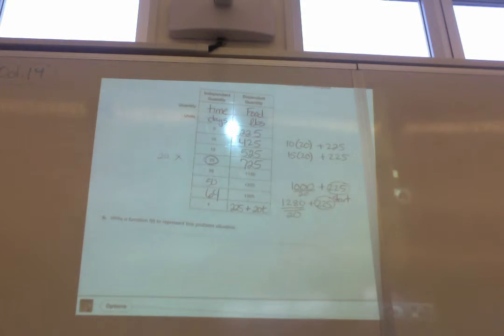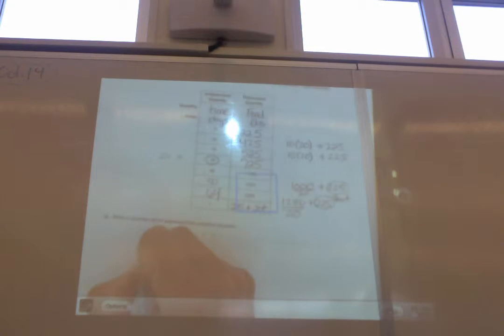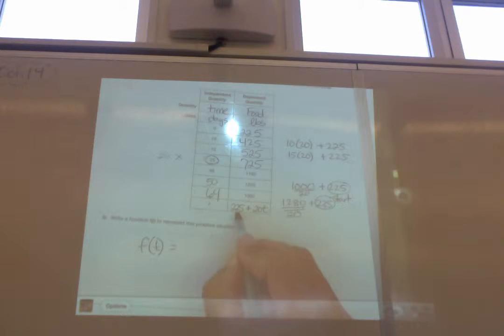Okay? Write a function, f of t. Do you like the 225 first or the 225 second? Second. So 20t plus 225. This is the amount you get per day. And this is the amount you started with.